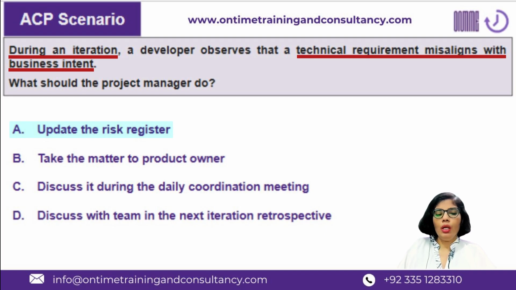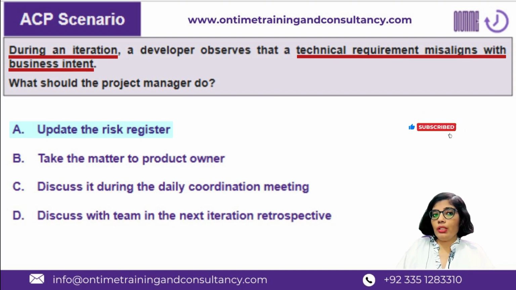You are going to document it as a risk, and accordingly in the sprint backlog, and if there is any risk list or risk register available, which is not usually the case or an expectation in agile projects, but if any such artifact is present, then you can update it.